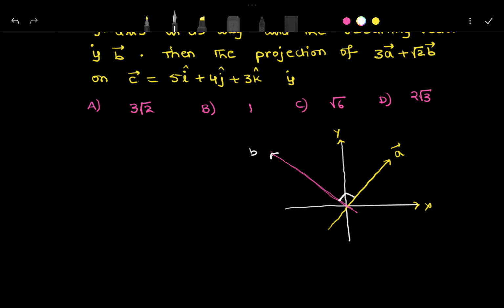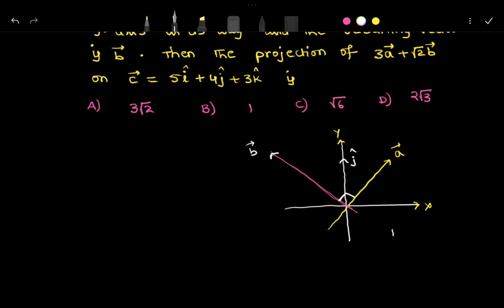This is the vector b bar. You know the vector along the y-axis is j cap. So very clearly, the first thing you have to understand is that a bar, j cap and b bar are coplanar vectors. The second point is that the angle between b bar and j cap is always acute, which means b dot j is greater than 0.